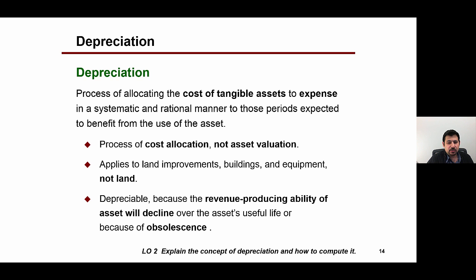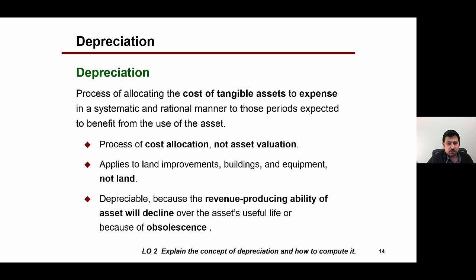Instead, we credit accumulated depreciation, which represents the total amount of the asset's cost that the company has charged to expense, and this is a contra asset account. So it is important to understand that recognizing depreciation on an asset does not result in an accumulation of cash for replacement of the asset.